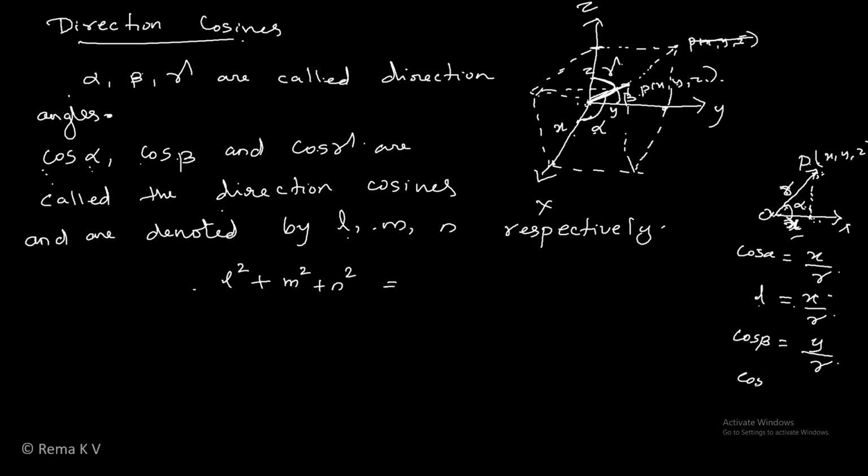And what about cos gamma? Instead of the y-axis, you have to consider the z-axis and the directed line segment OP.